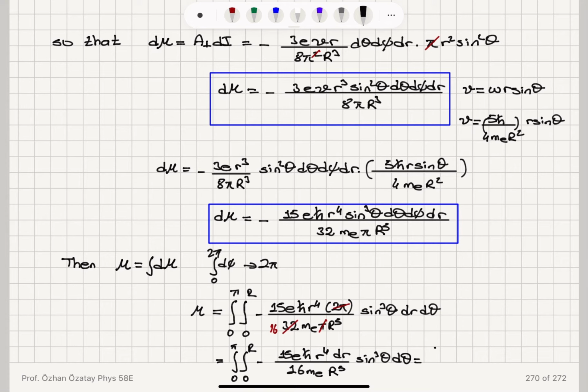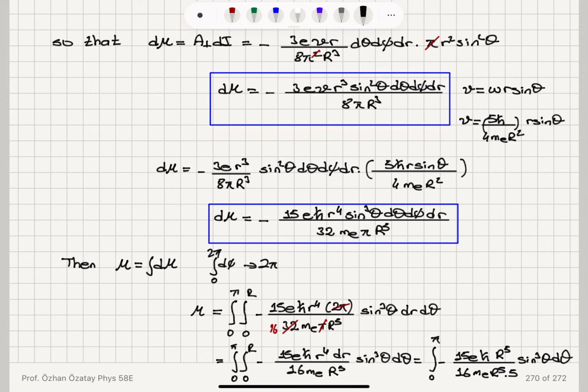If I perform the r integral, I will be left with this theta integral, 0 to pi, of minus 15 e h bar. Now the r integral, r to the 4 dr, gives me r to the 5 over 5, between 0 and capital R, that will be just R to the 5 over 5. So 16 times the mass of the electron, R to the 5, and then I have R to the 5 over 5, and I'm left with the sine cube theta d theta integral to perform.